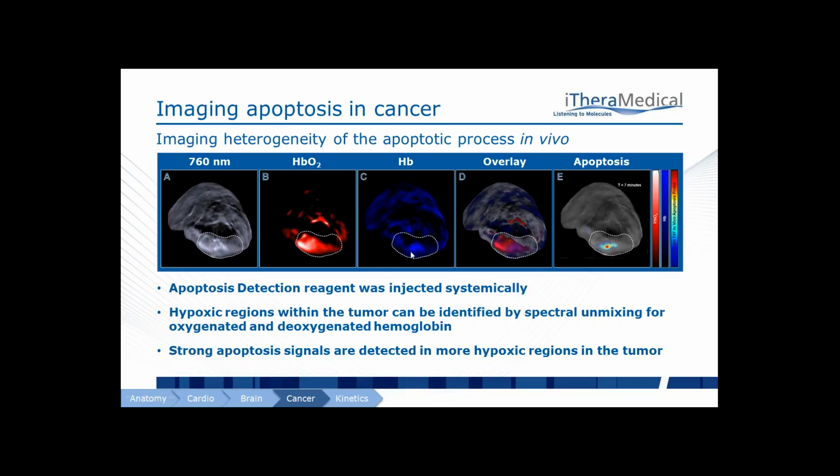In panel C, we can see that there are regions that are more deoxygenated compared to the rest of the tumor. We can actually see the apoptosis probe accumulating in these regions in the time-lapse video on the right. This video depicts a 1-hour time-lapse that shows accumulation over time of an apoptosis probe into this more deoxygenated region.